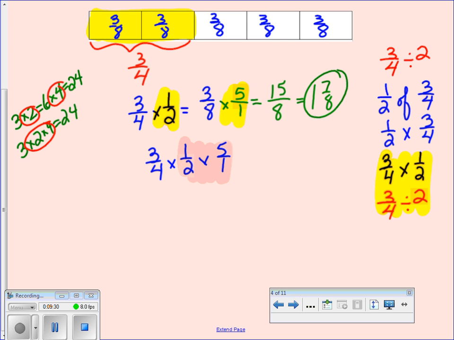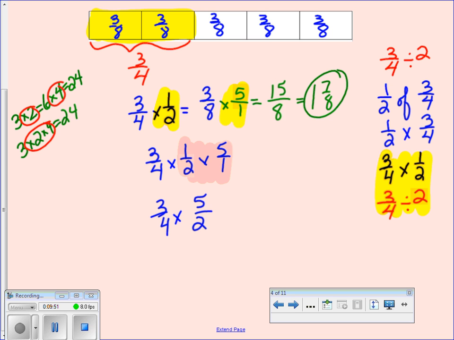No, let's not. So I'm going to keep my 3/4. 1 times 5 is 5. 2 times 1 is 2. So did I just simplify my equation more? Wait a minute. Wait, OMG is right.